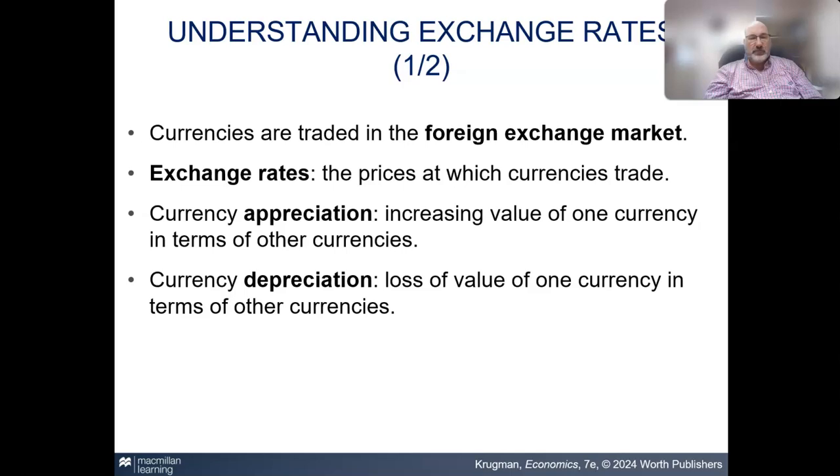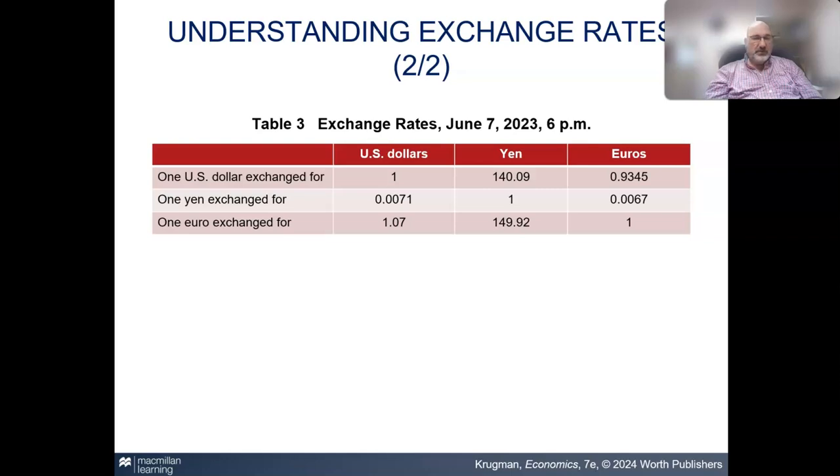So it's just like the model for the market for chocolate, except it's got pictures of people on it typically. So currencies are traded in the foreign exchange market. Exchange rates are the prices at which currencies trade. Currency appreciation is increasing the value of one currency in terms of other currencies. Currency depreciation is the loss of value of one currency in terms of other currencies.